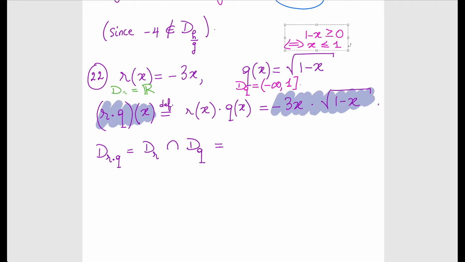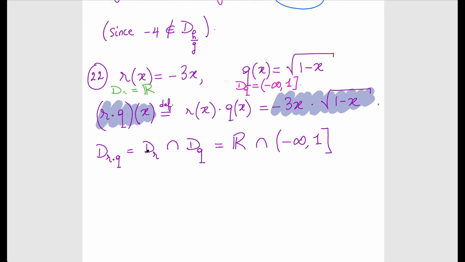So let's delete this part. Alright, back to here now. Now I know what each one is. D sub r is boldface R, the set of all real numbers, right? Which means everything. And intersect it with D sub q. D sub q is minus infinity to 1, right?